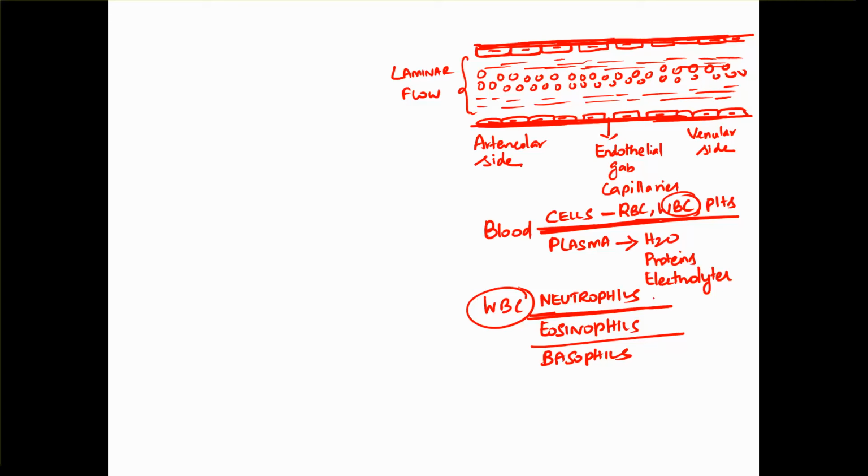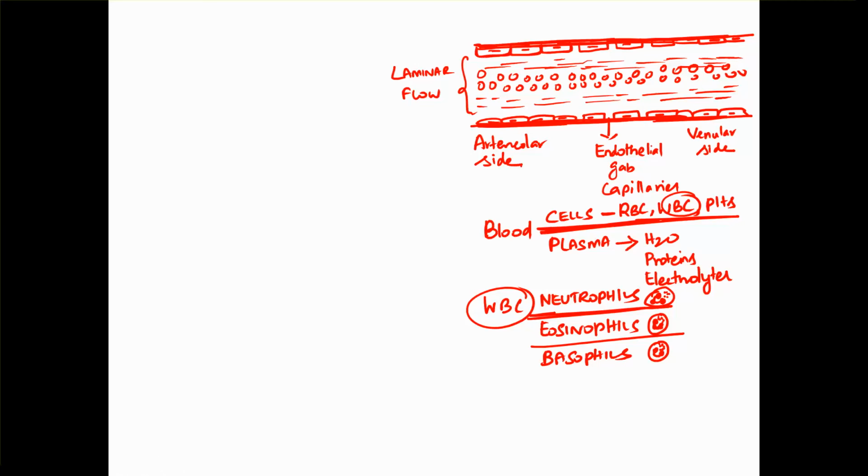If you see the neutrophils, the nucleus is lobed and they have granules. Eosinophils also have a lobed nucleus, but it is bilobed, and basophils are also bilobed. Eosinophils have granules, and basophils have granules. Because of these granules, they are called granulocytes.